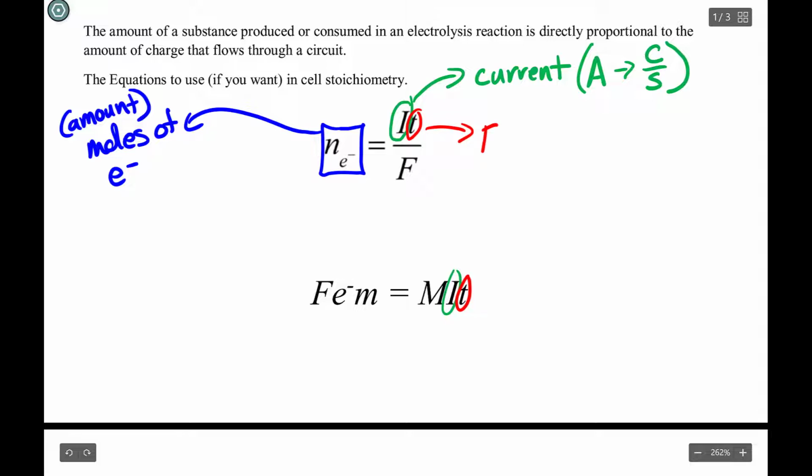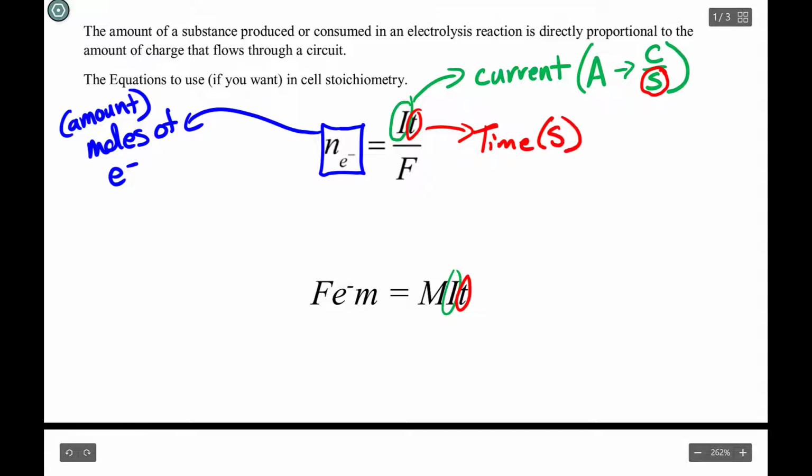stands for time. Now, the big thing is most questions will give time in minutes, hours, or days because a lot of these cells have to be running for a very long time to produce the amount you want. But when you look at current at its base unit of charge per second, it tells us the unit that we actually need to be in.